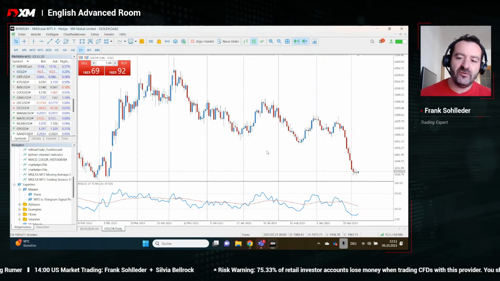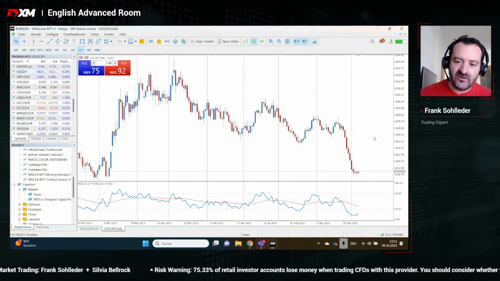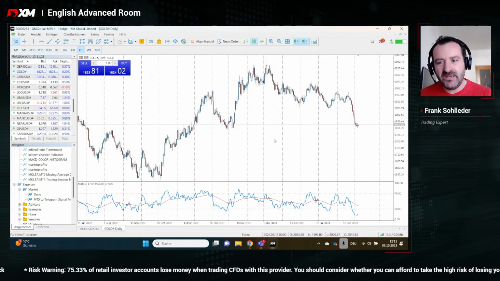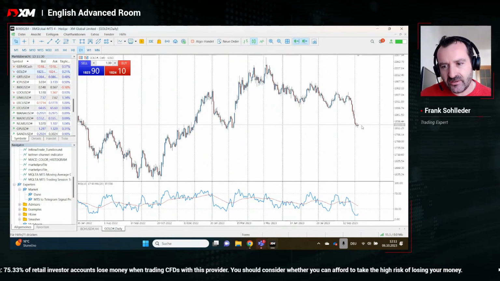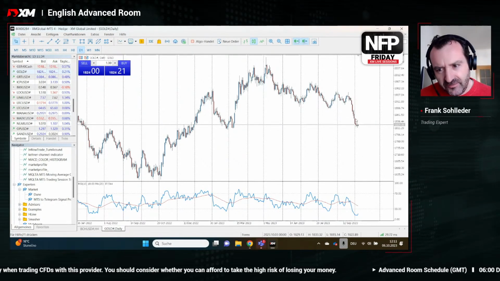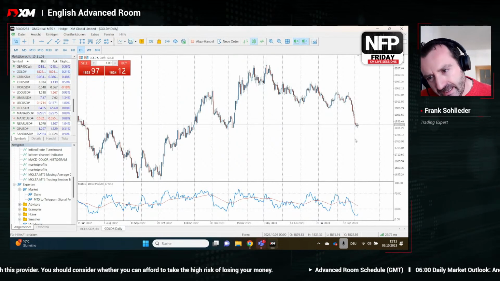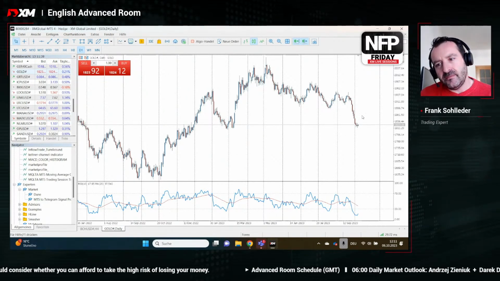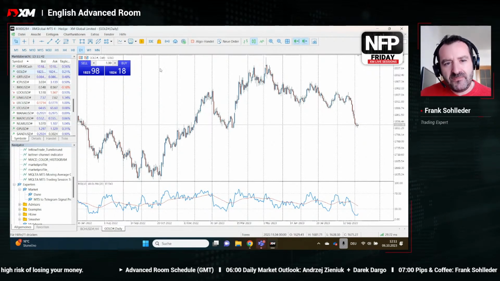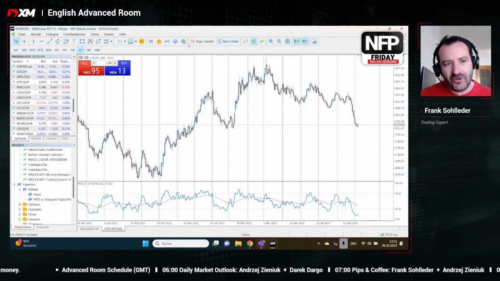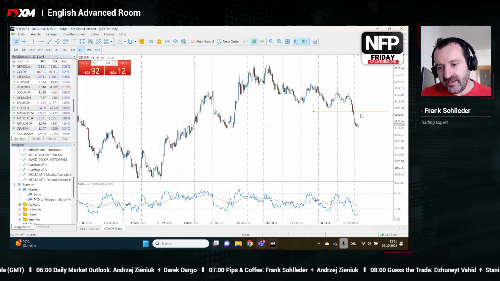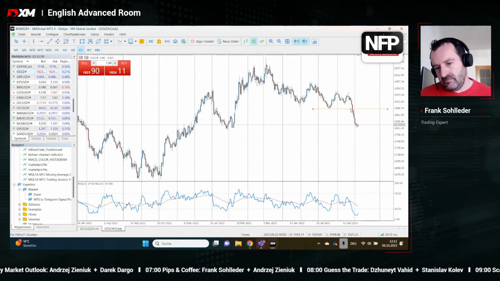So I would have to expect that gold is now at least going into a kind of retracement situation, so that we are coming a little bit higher, maybe into the area of 1,860, maybe also into the area of the breakout levels, which are actually at 1,880. This could be a situation.